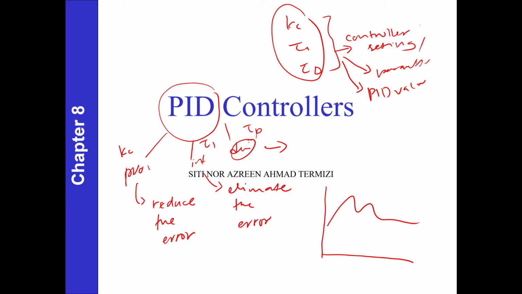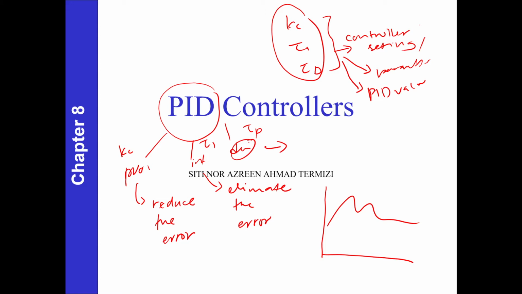What I want to tell you is that it is really important for us to determine the best value of Kc, tau I, and tau d. That's why we do tuning. The purpose of the tuning process is for us to determine the best value of Kc, tau I, and tau d.